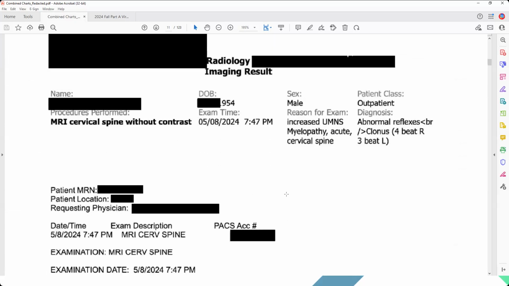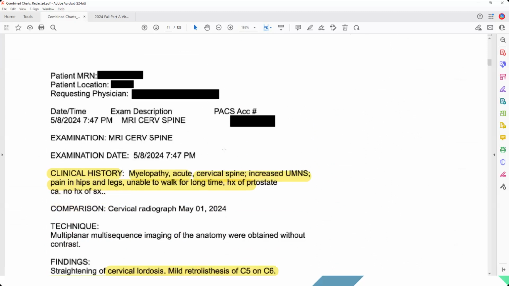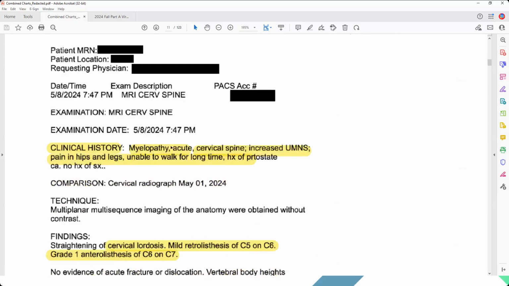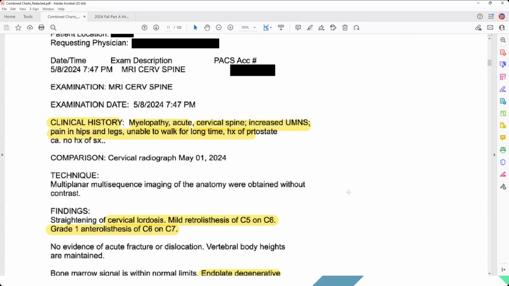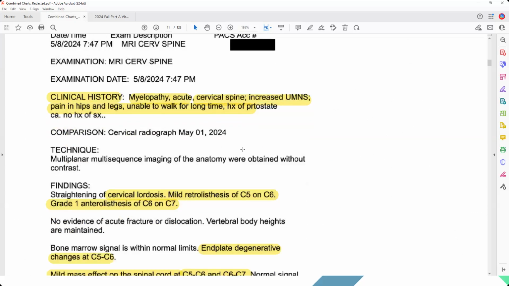All right, so MRI of cervical spine, and this one was from 5/8. So we know here is the clinical history that was given. We have myelopathy, which is acute cervical spine. We have upper motor neuron syndrome, pain in hips and legs, unable to walk for long periods of time.